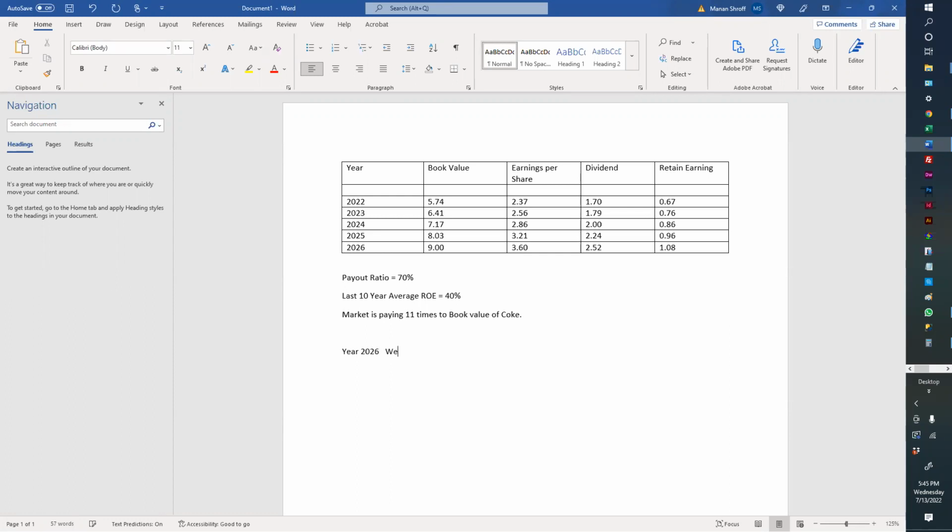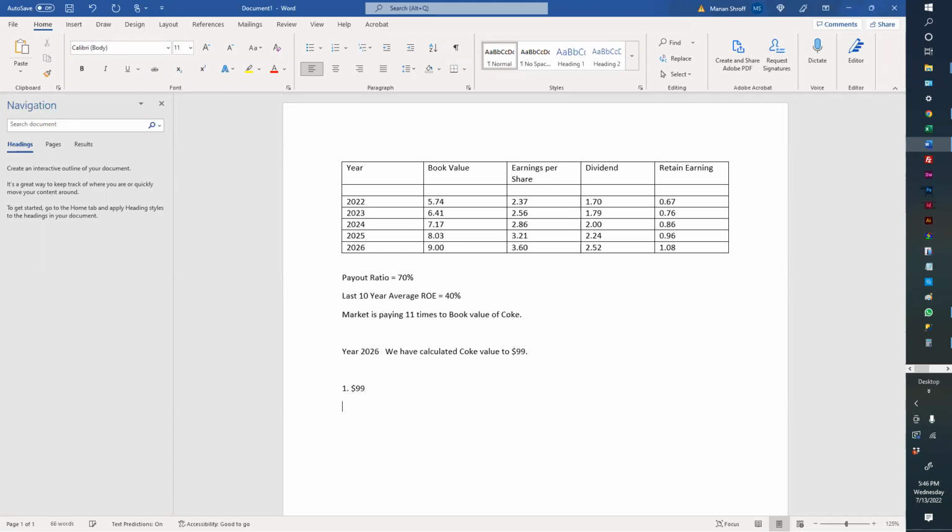We have calculated the book value, and the price is $99. Now, this is an estimate, okay? So what can happen in year 2026? Three things can happen. Coke can trade at $99.